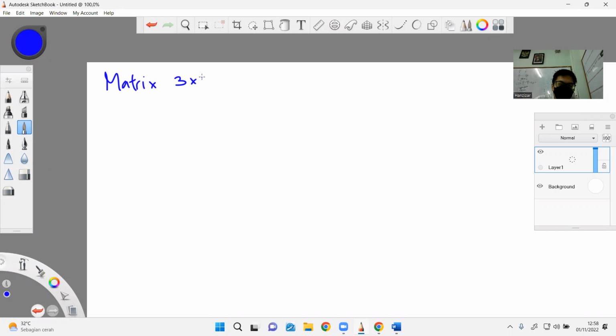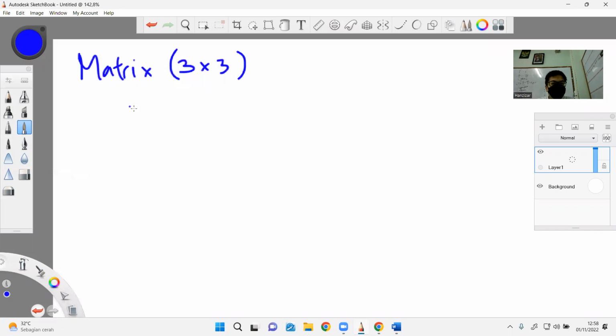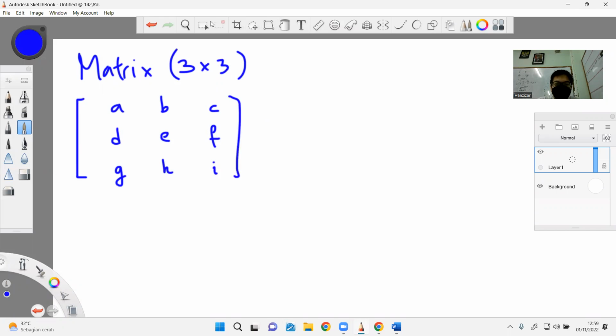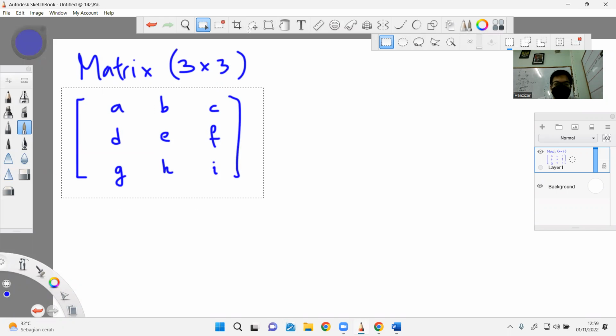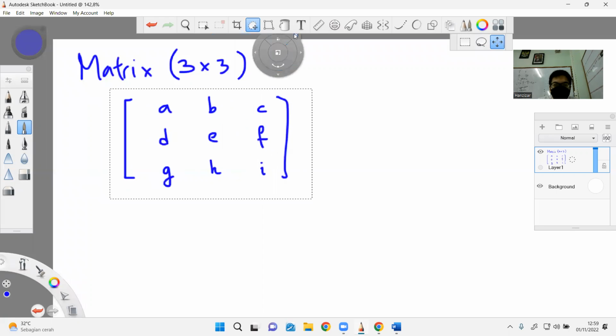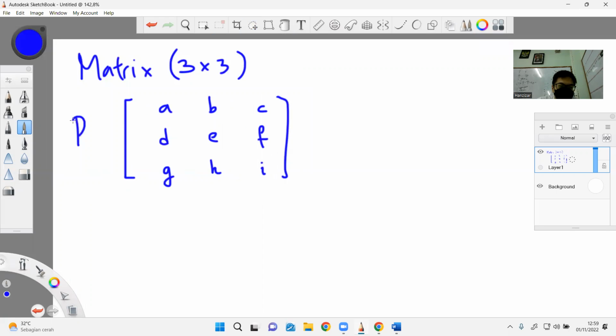First thing first, I start with the letters A, B, C, D, E, F, G, H, I. Again, I forgot to put the letter. Let's say this is matrix B. I use another symbol.